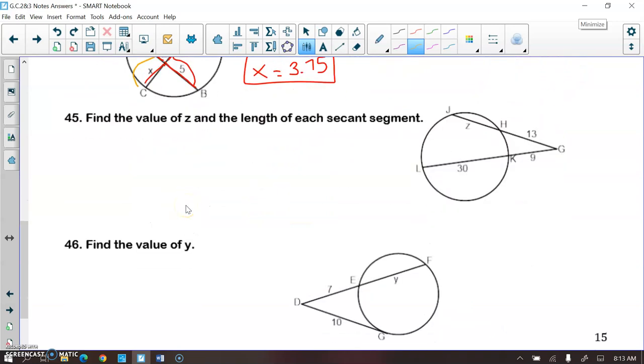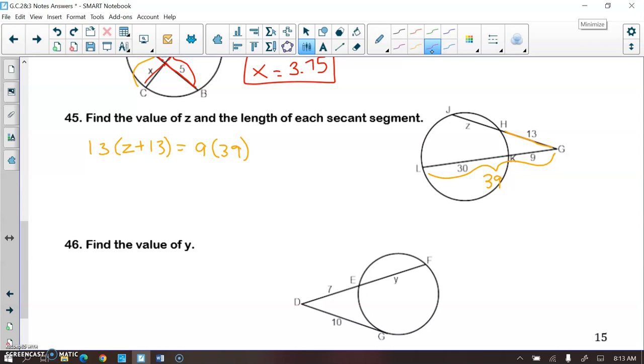Okay, moving on. I have 2 secants intersecting. So the outside of one of my secants times the whole secant is equal to the outside of my other secant times that whole secant. It also wants you to find the length of the secants. This one right away we know is 39, 30 plus 9.